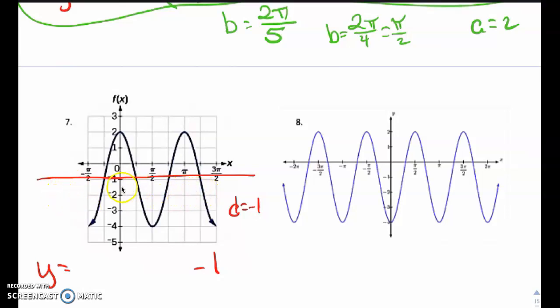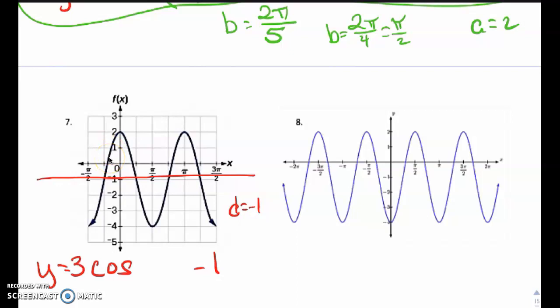Now, I'm starting above the midline. So therefore it has to be cosine. My amplitude is 3.